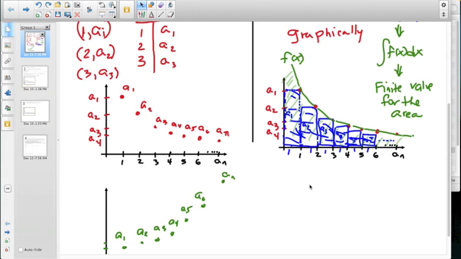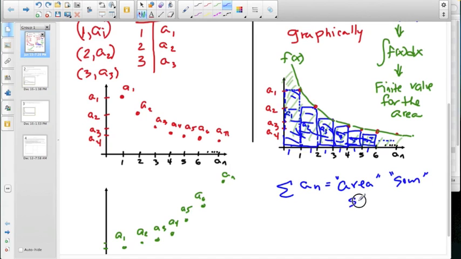So we know that if we can get a finite value for the area of the curve, then if we were to add up all these rectangles, since the rectangles are right sums, that area, quote unquote, or that sum is going to be somewhat smaller than the integral of the function that we could calculate.